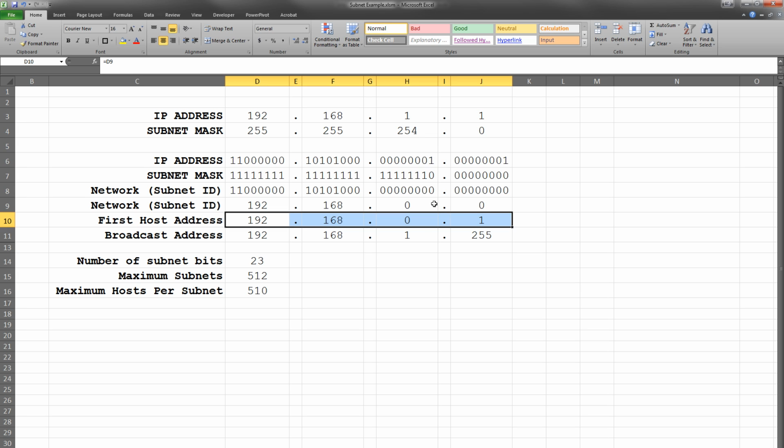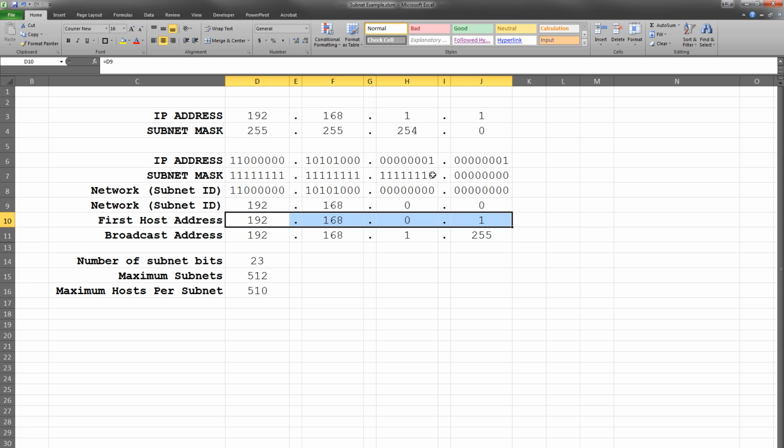And so if we were to try to find our broadcast address, here's what we need to do. We need to say, what's the highest value that could be put in here? If we were to change the subnet mask to all ones, for example, what's the highest value there? Well, 255 is the highest value.